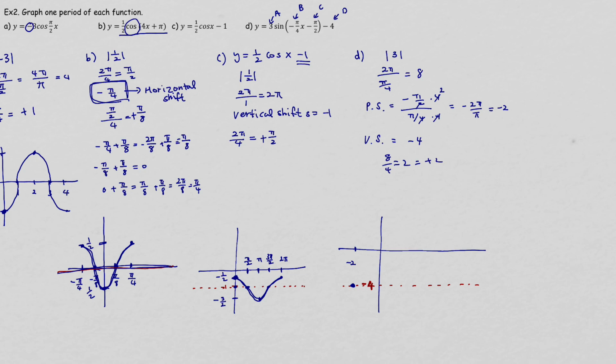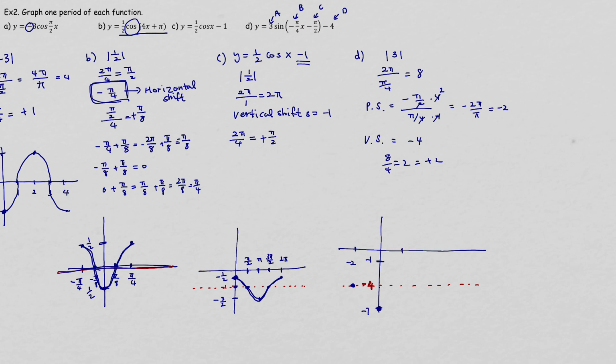So it'll be starting from here and then go down to, hold on. Let's mark the amplitude from here so that we can go down. Your amplitude going up 3, this is going to be negative 1. Going down 3, this is going to be negative 7. So you're going down first.